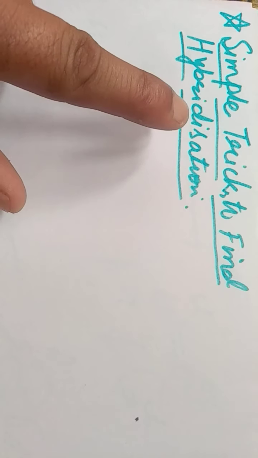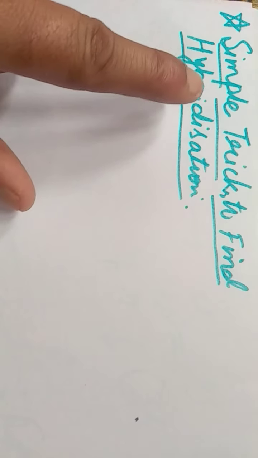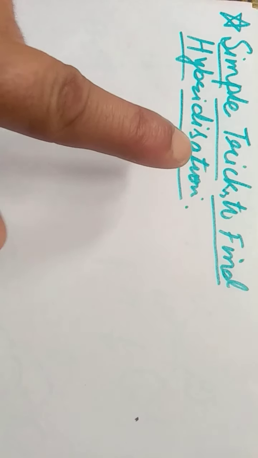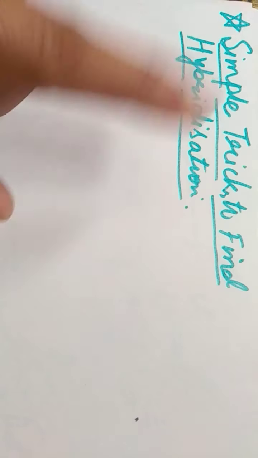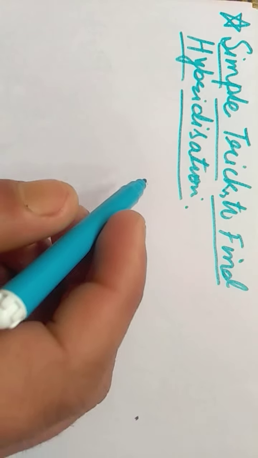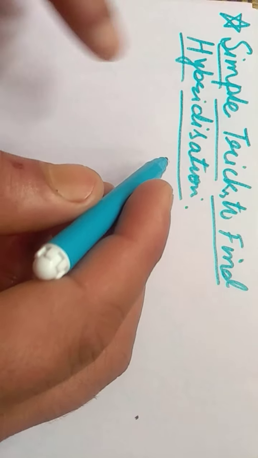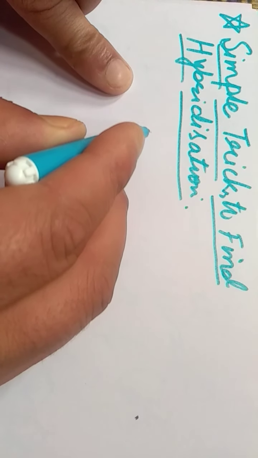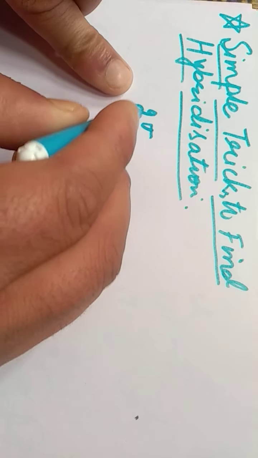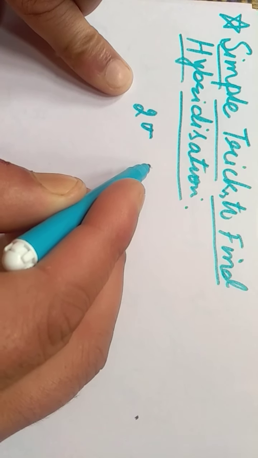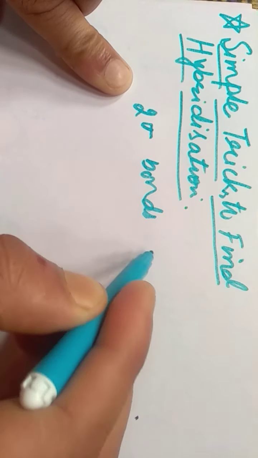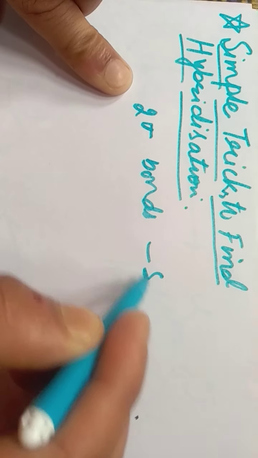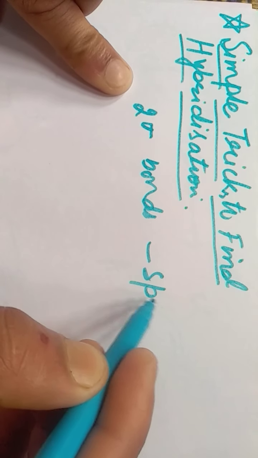Now we are going to discuss this trick. What is the trick? Let us see. If there are two sigma bonds, then hybridization is sp.